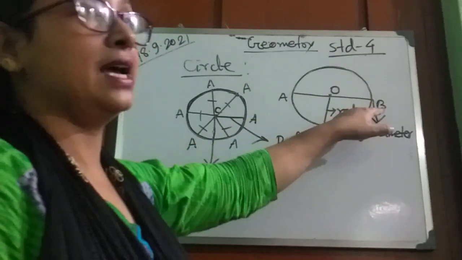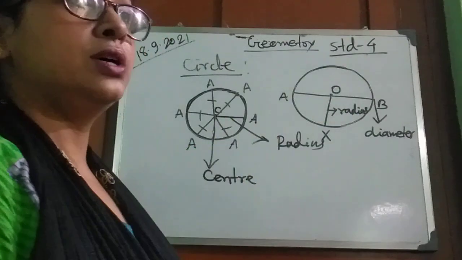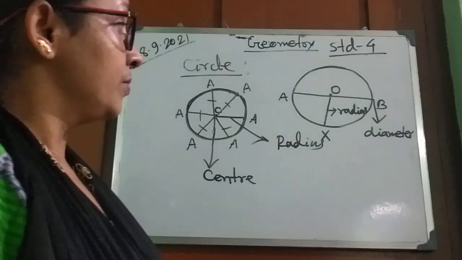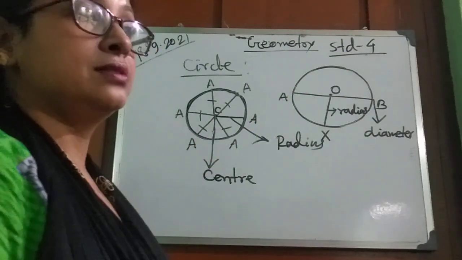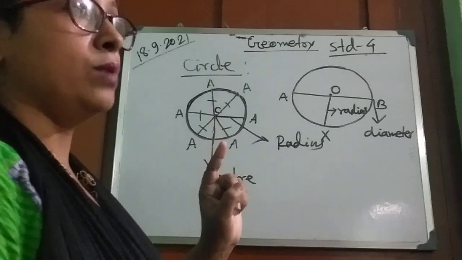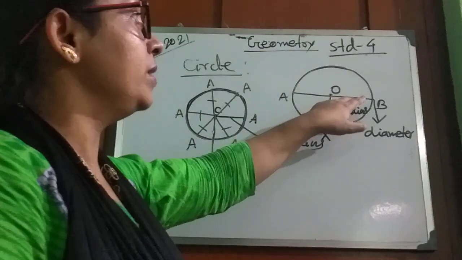So AB is the diameter, but OA and OB are also radii, because O divides the diameter into two equal parts which are radii. OA is a radius, OX is a radius, OB is a radius.